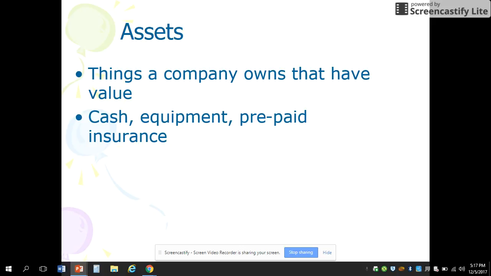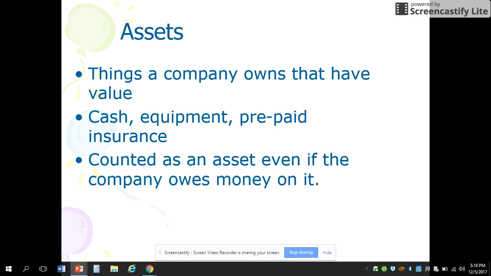We have shelving, refrigerators, and the school pays for insurance. Since that is prepaid, those are all assets. So if we're ever using cash, equipment, or prepaid insurance, those accounts are listed as assets. Remember that, because that's going to come up a little later on.